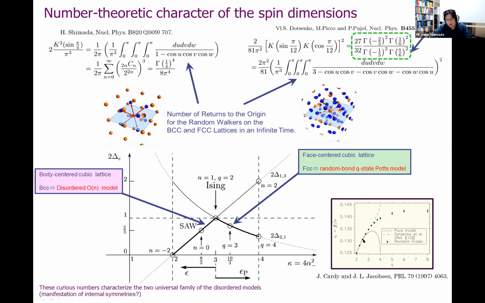And here, by Cardy and Jesper Jacobsen, the theoretical prediction is this dot-dashed line, and these dots are the numerical results, and it agrees perfectly around Q equals 3 and Q equals 3.5 and something like 4.